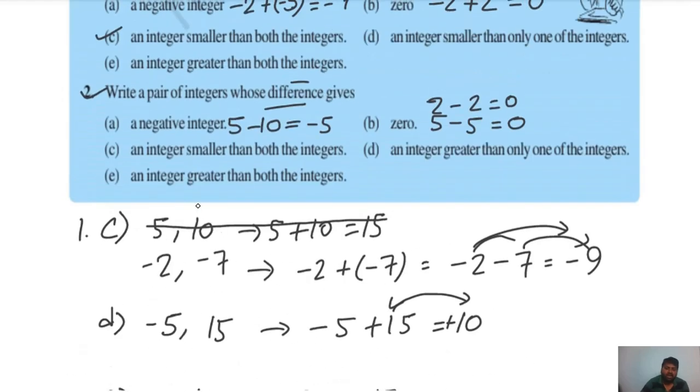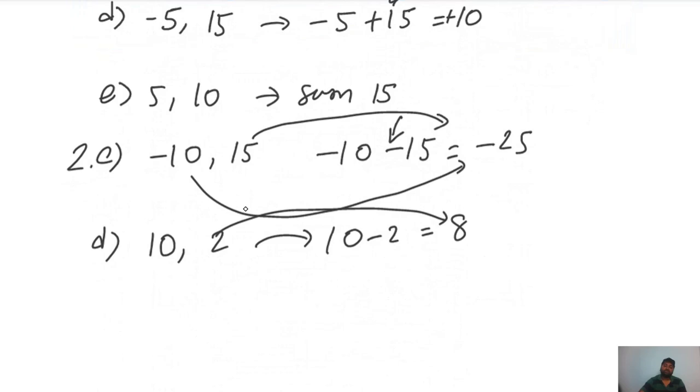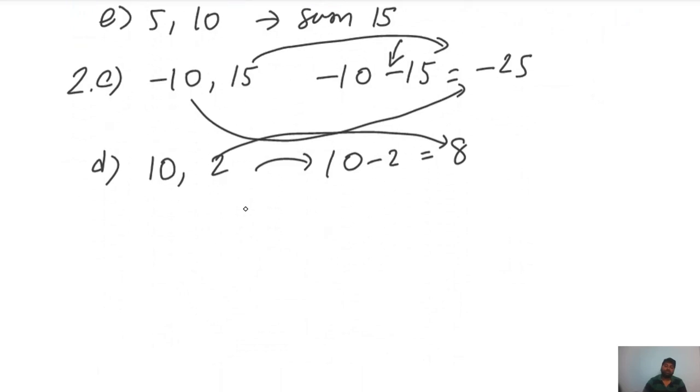Okay, an integer greater than both the integers, then how can we take it? Think. Here we take a negative number and a positive number.